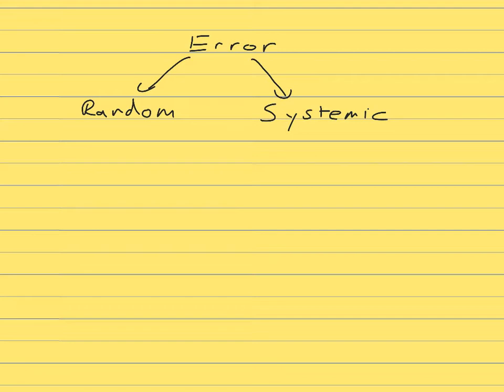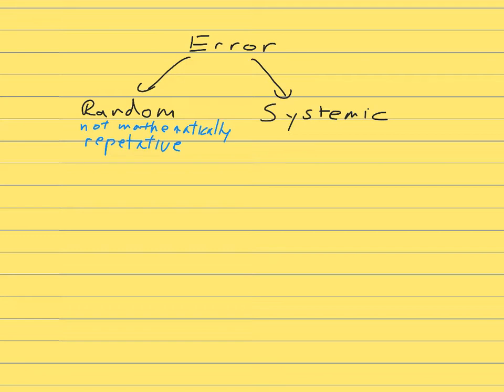Random error is exactly what it sounds like. It's error due to random factors that we have no control over, and it's not mathematically repetitive. It's the type of error that's impossible to eliminate and very, very difficult to deal with.